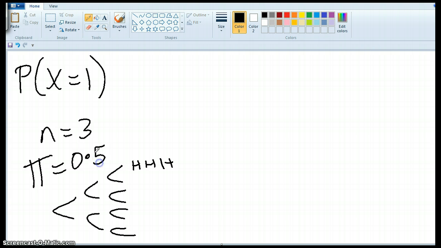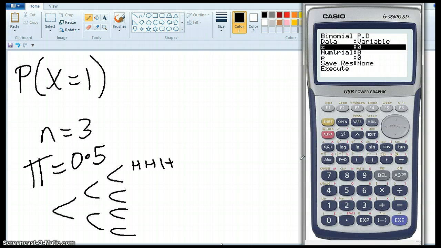It's a fair coin, it's 0.5. Notice I wrote pi there. So pi is the way that we write the probability on this particular binomial distribution. So x is 1, number of trials is 3, probability 0.5.